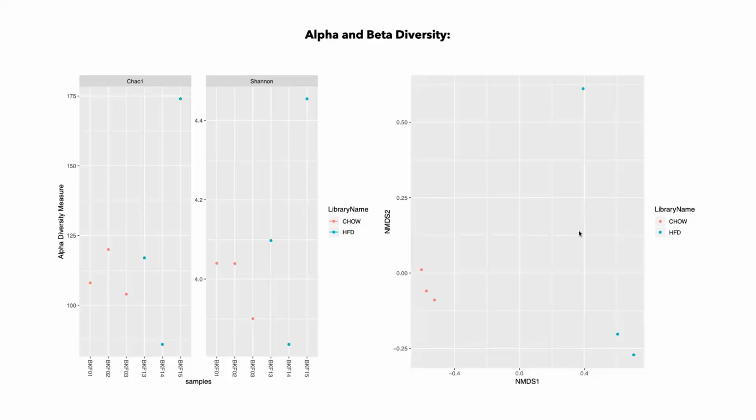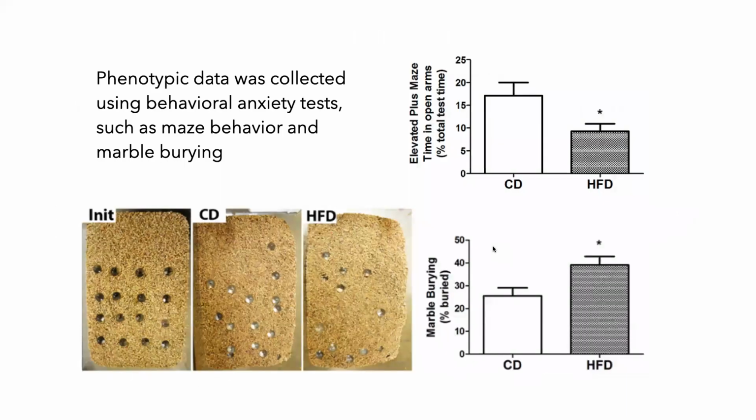Okay, so now let's look at how this is associated with their behavior. Here we have the test results from their behavior. How do they actually test for different types of behavior?